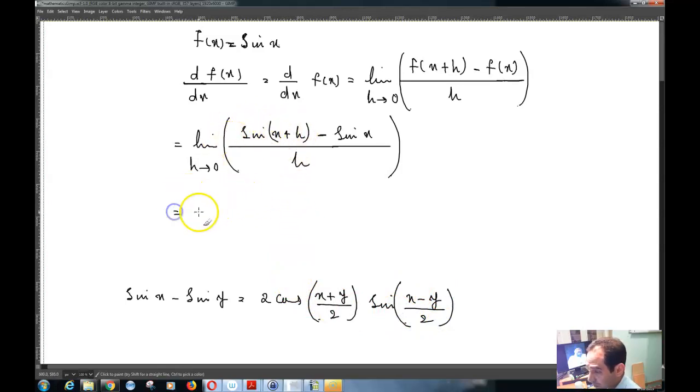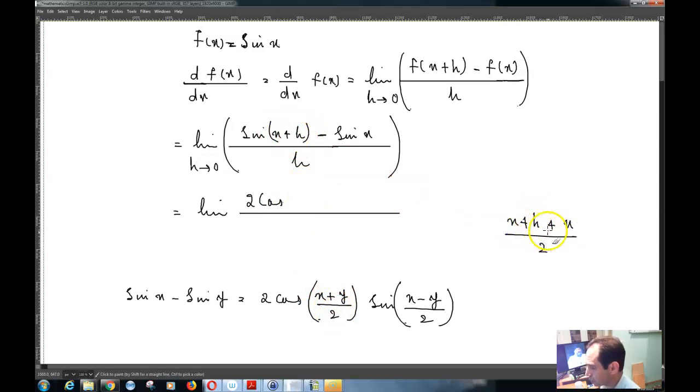So then I can write this as the limit of, this becomes your x, this becomes your y, and so you can write this as 2 times cos, now x plus y divided by 2 would be x plus h plus x divided by 2, which is equal to 2x plus h divided by 2.